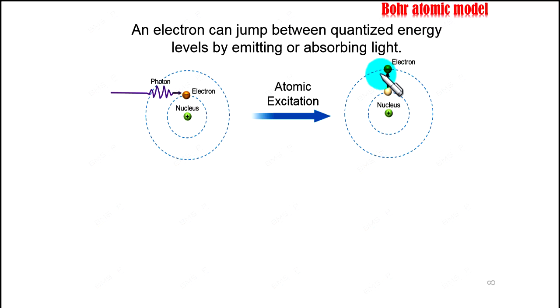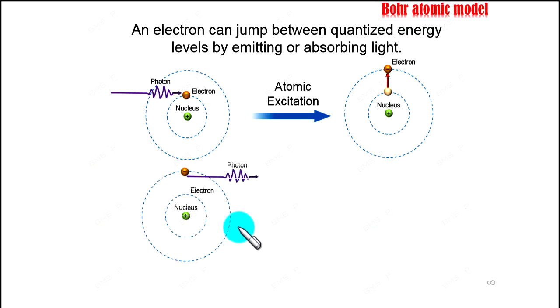But this final state is not stable, because electron always has its own energy, that is the energy defined by quantum mechanics. And now what will happen? This electron at the higher energy state will return to its original level. This process is called de-excitation, and this de-excitation occurs by emitting photon energy like this.